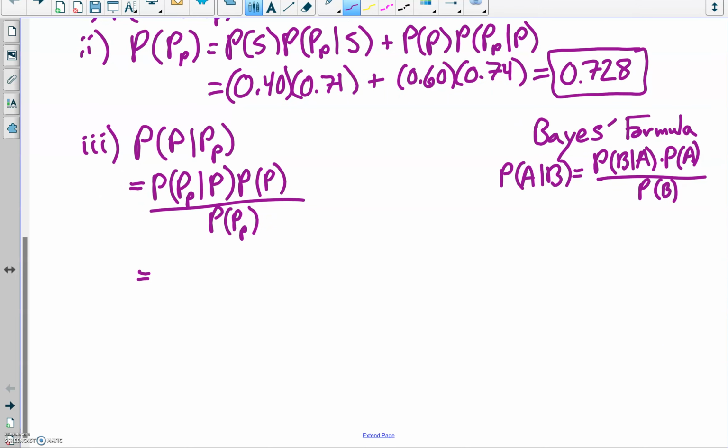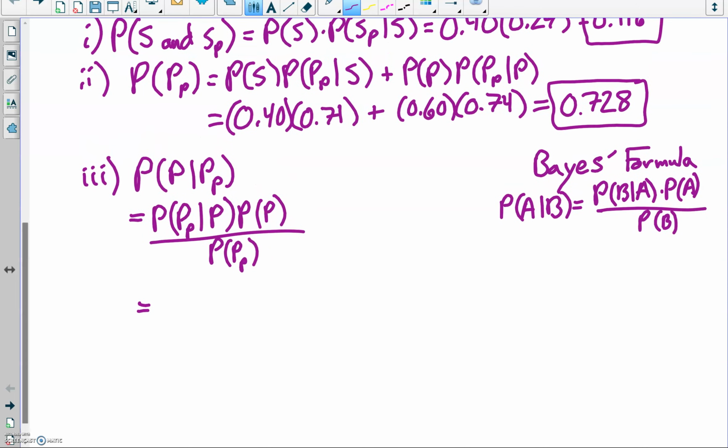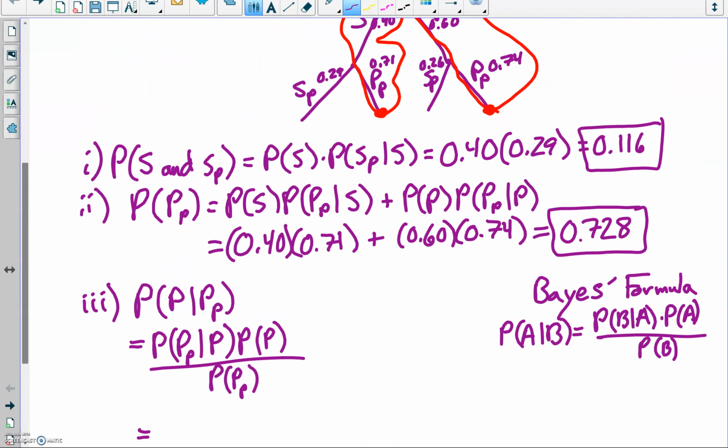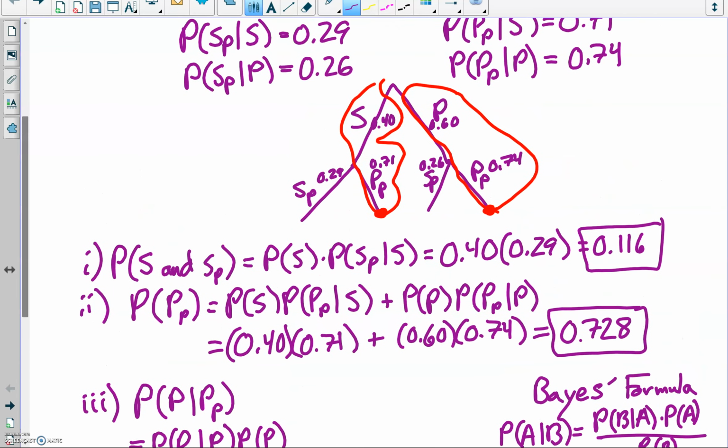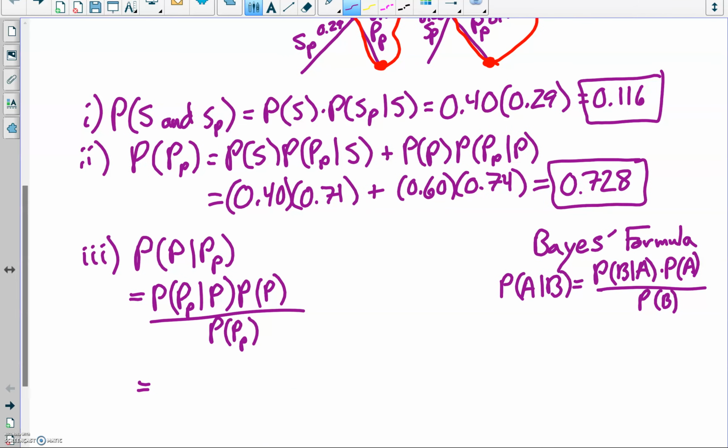The probability of being a paired producer, given that it was paired, if I look up here again, is 0.74. So I can write that down here. The probability of being paired originally was the 0.60. And then the probability of being a paired producer, we found in part 2, was 0.728.